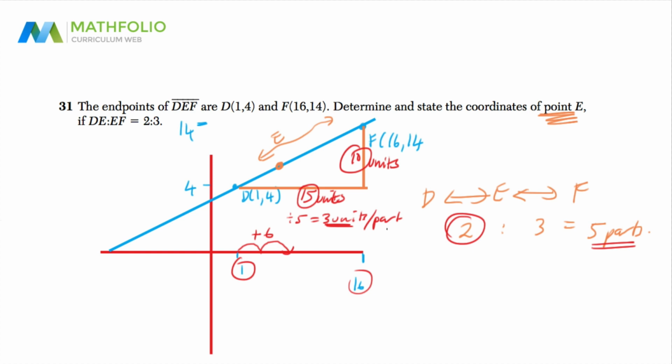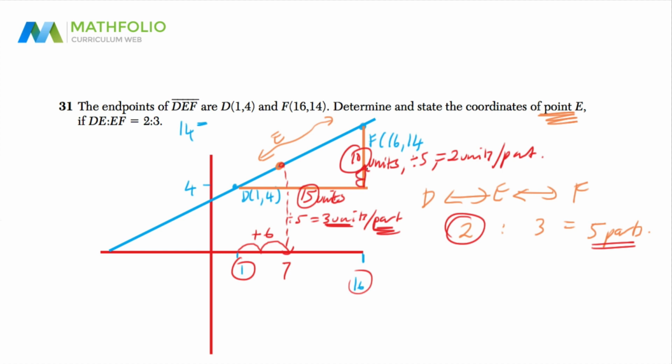So if we add 6, we get to 7. So that is found as our X value of this. Now the same again, if this is 10 units and we have 5 parts, we could say divide by 5, and that gives us 2 units per part. So what we've got to do is go up 2 parts.